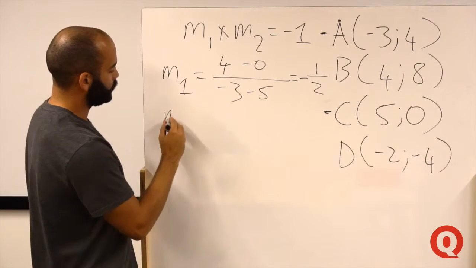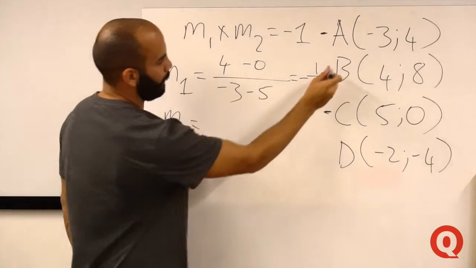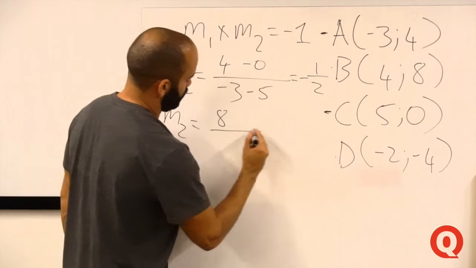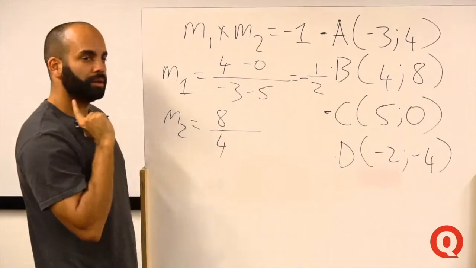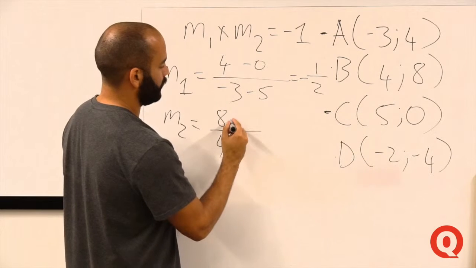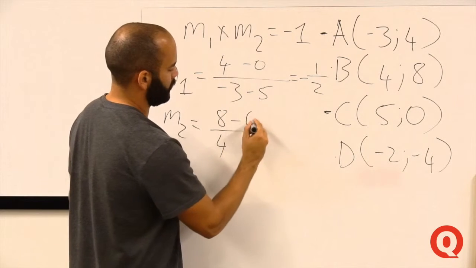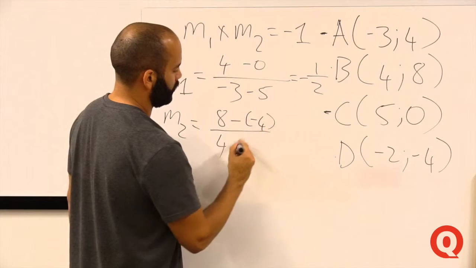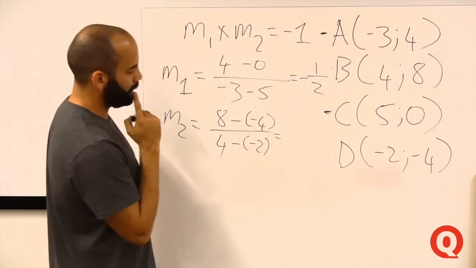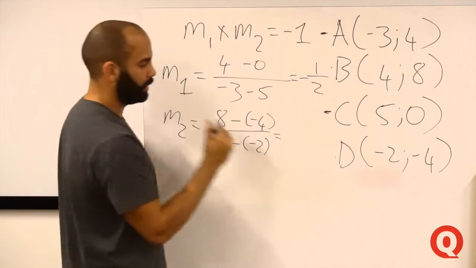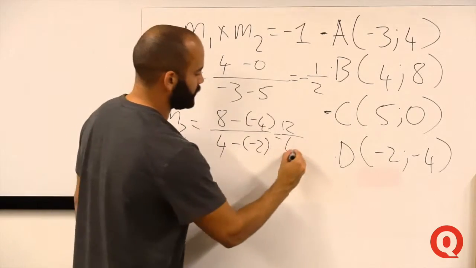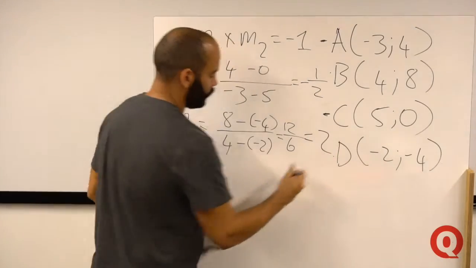Now, M2 must be B and D. So you've got 8 and 4, Y2, X2, and -4, and -2, which would be 8 plus 4 is 12 over 4 plus 2 is 6 equals 2.